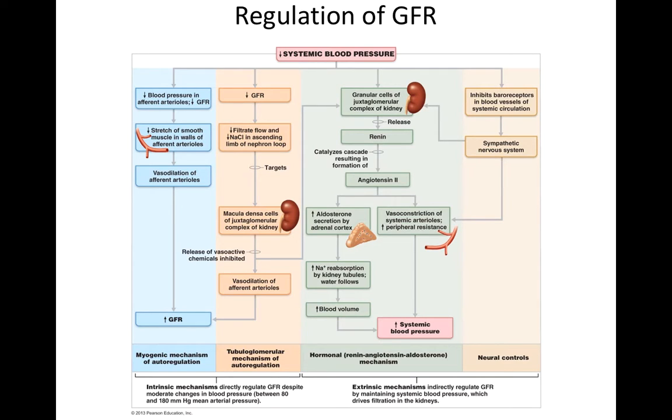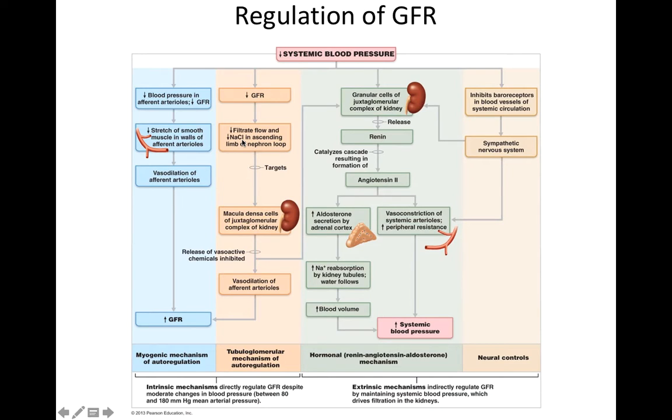We have maintained GFR. Now, the tubuloglomerular mechanism here is going to rely on those macula densa cells. As systemic blood pressure drops, GFR drops, filtrate flow is going to slow down significantly, and we're going to see that decrease in sodium chloride in the ascending limb.